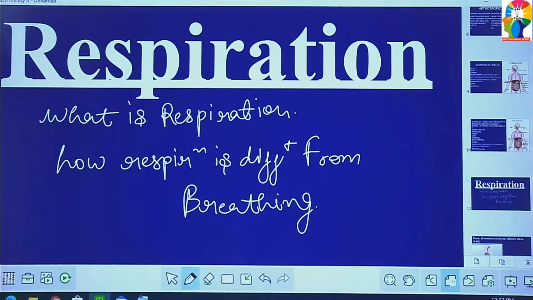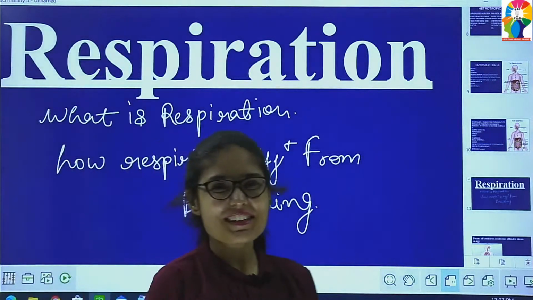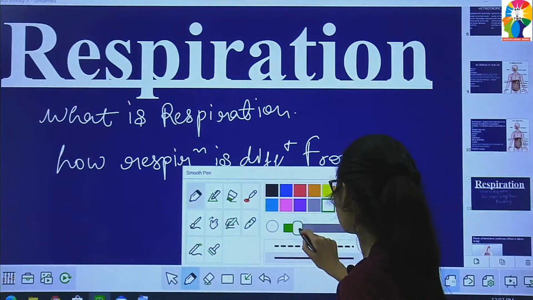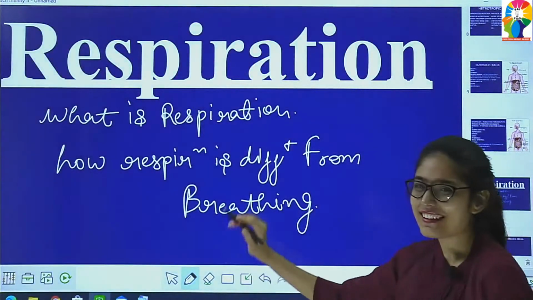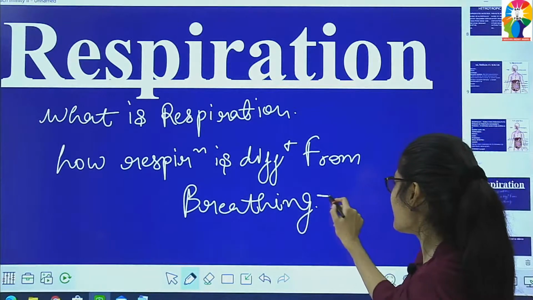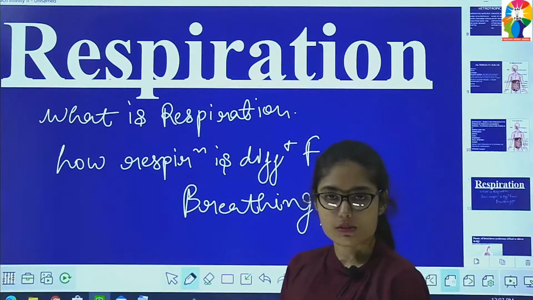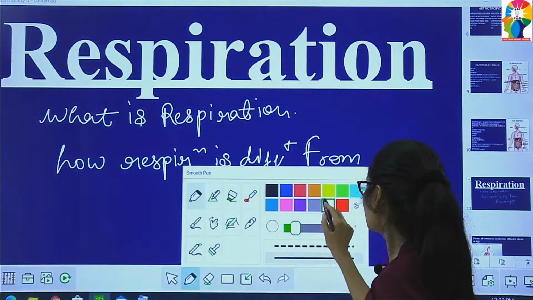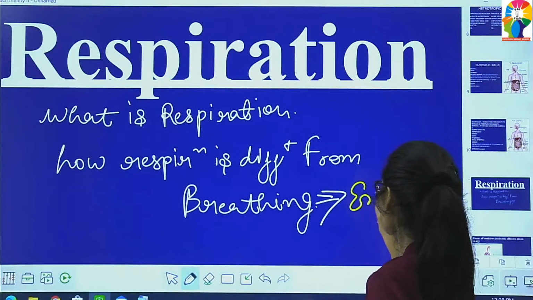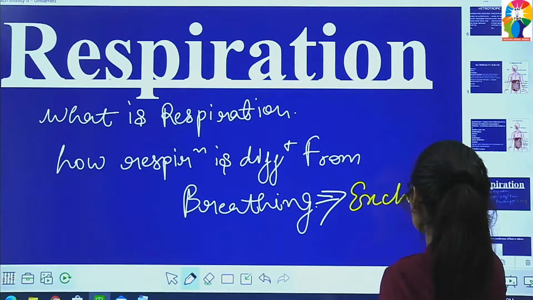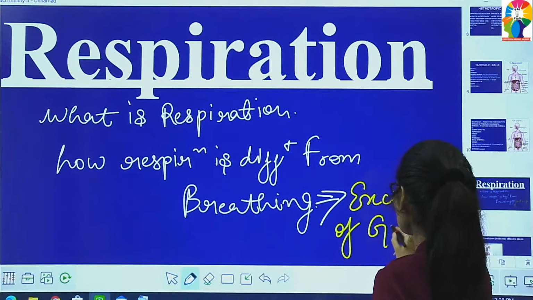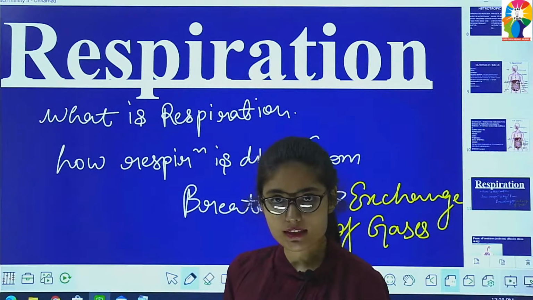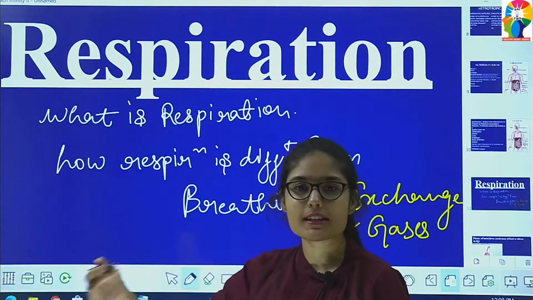सांस लेना, okay, सांस लेना is breathing. All right, see, what is breathing, beta? Breathing means exchange of the gases. And what gases? Oxygen and carbon dioxide. These are very basic terms that you have already studied in your previous classes.